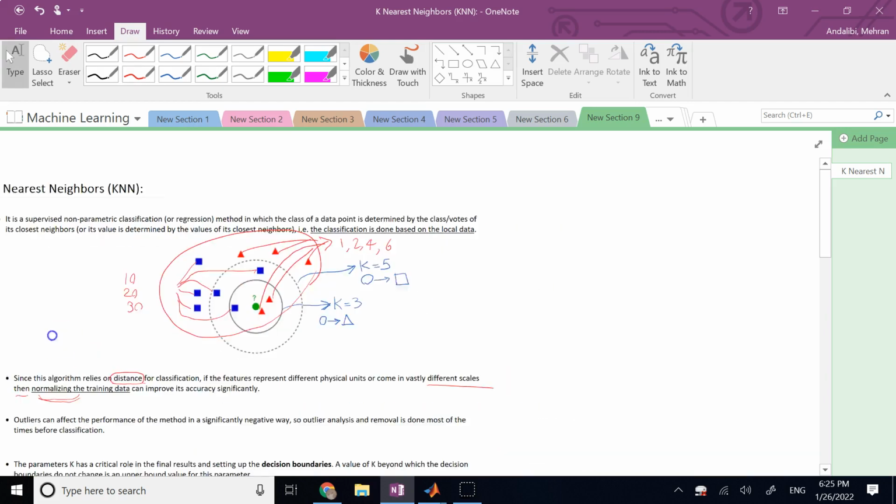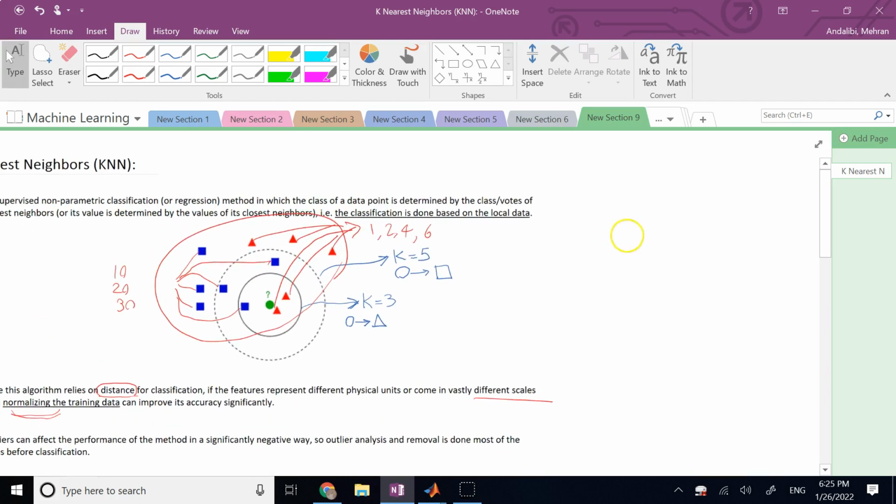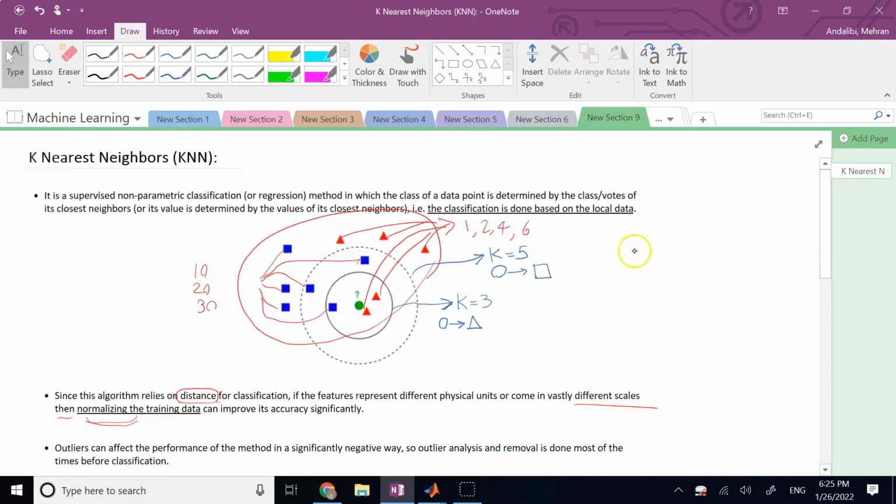For example, if I do it the same way that I mentioned and plot it on a 2D graph, what would you get? Let me show you that. You will be getting, let's say, these triangles here.